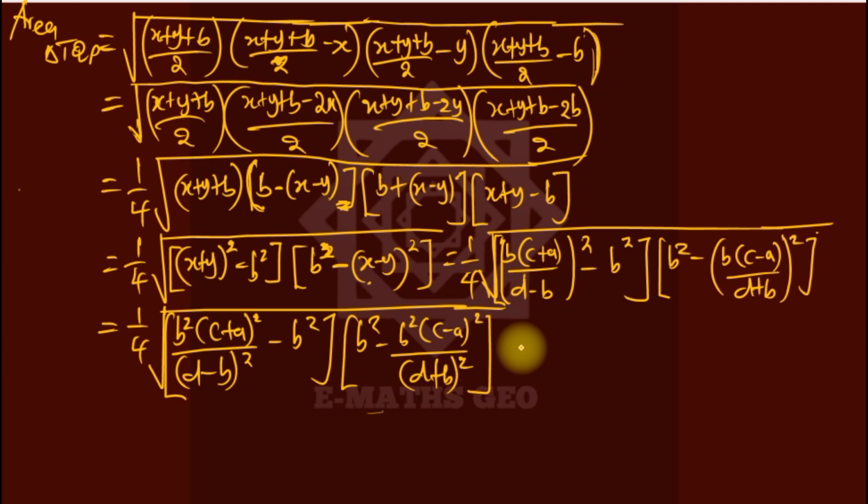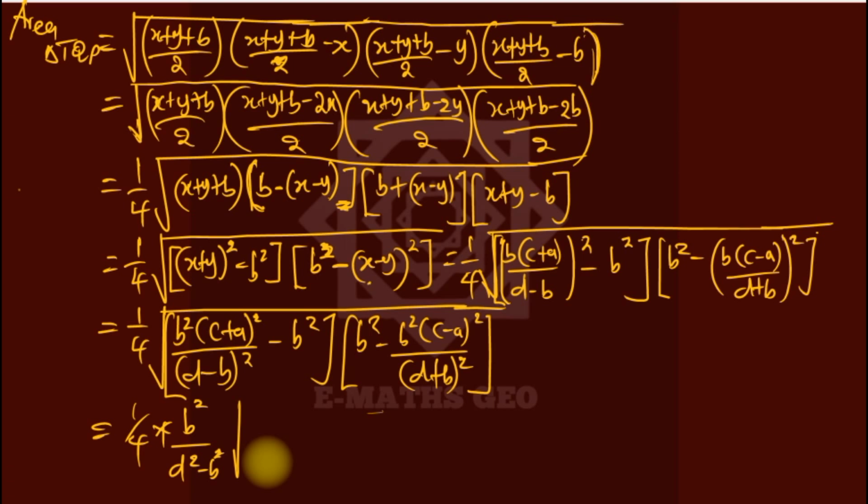And again, if you look at this, their LCM is now (d − b) all squared. So this is now equal to 1 over 4 times the square root of b raised to the power 4, which is b squared, over d squared minus b squared. Do you know why? If you look at this, the LCM is the product. So bringing out the squared, d minus b times d plus b is a difference of two squares.